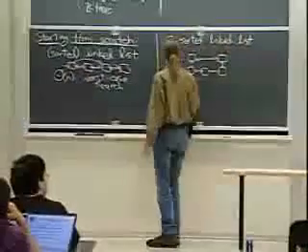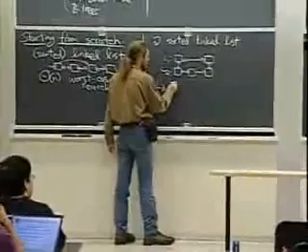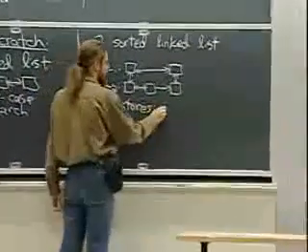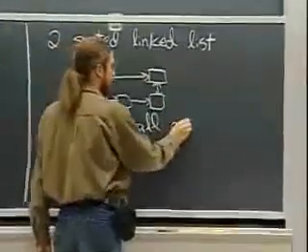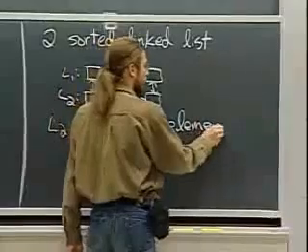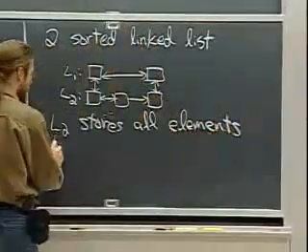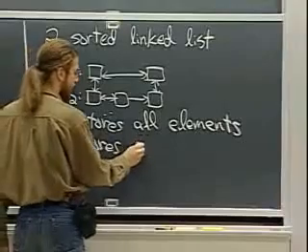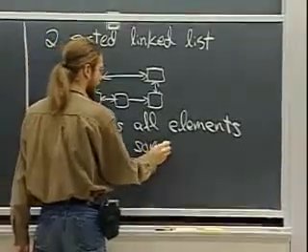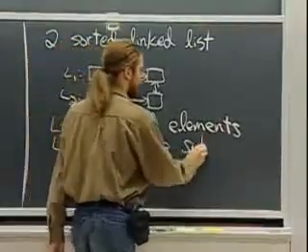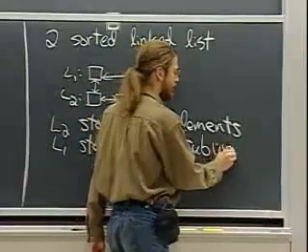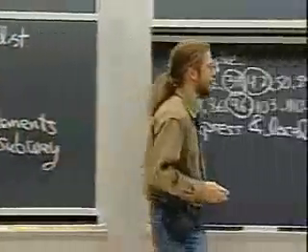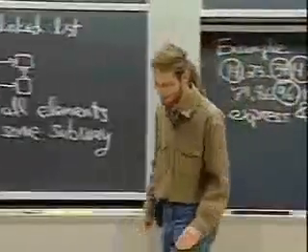So L2 stores all the elements. And L1 stores some subset. And it's still open which ones we should store. That's the one thing we need to think about. But our inspiration is from the New York subway system. Okay, that's the idea.